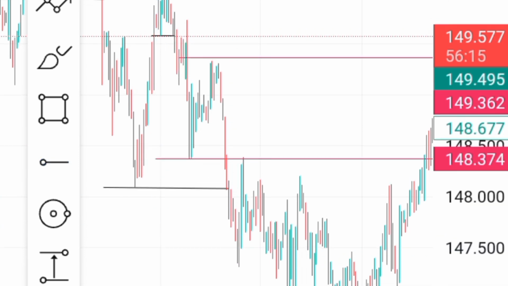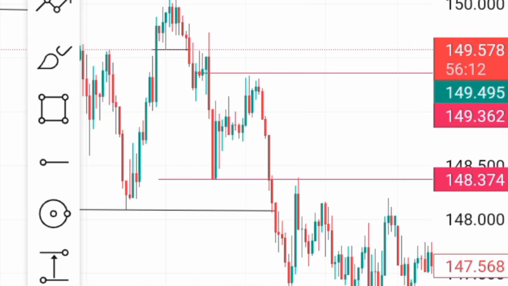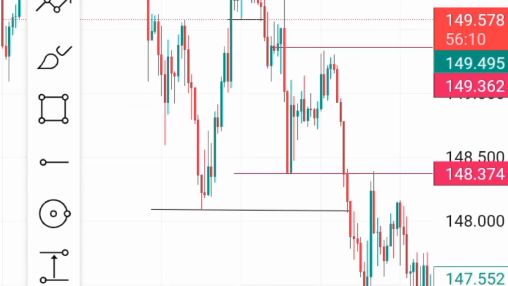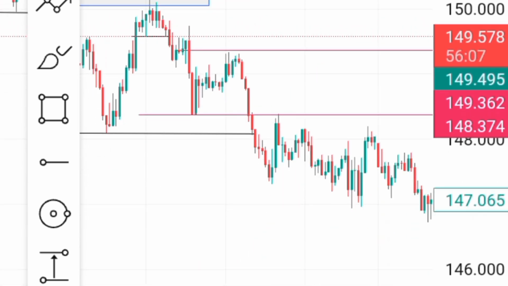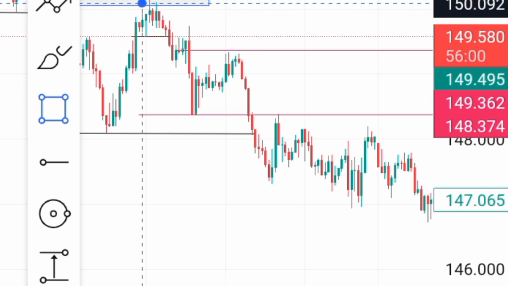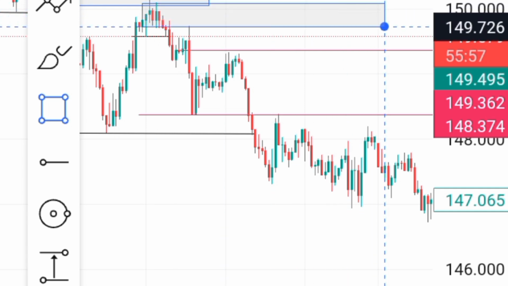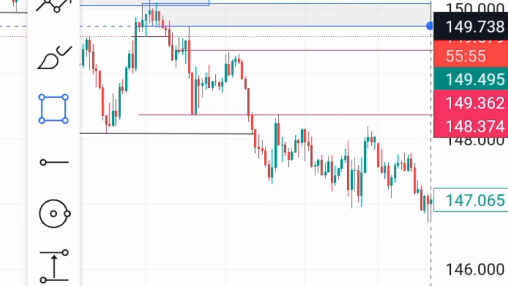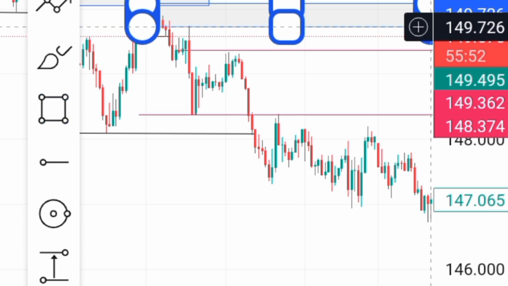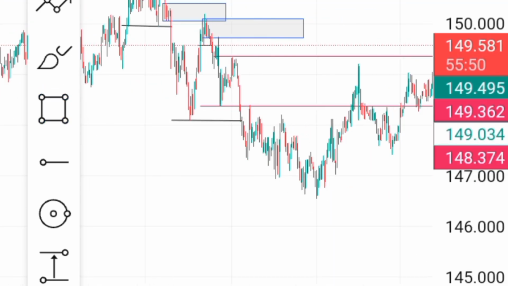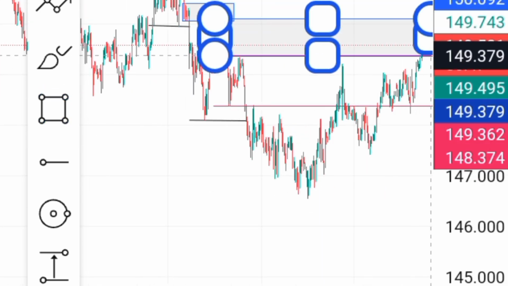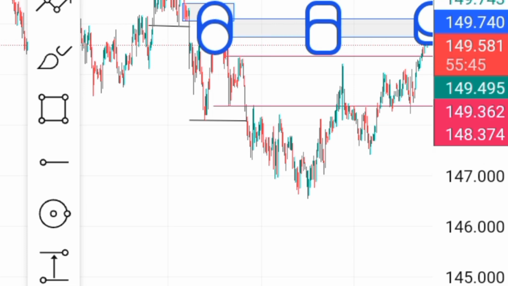That means I would wait for that high to be broken, right? We would indicate some zones right here, right? You can call it a support zone or resistance zone, right? So now right here you can indicate that, right?